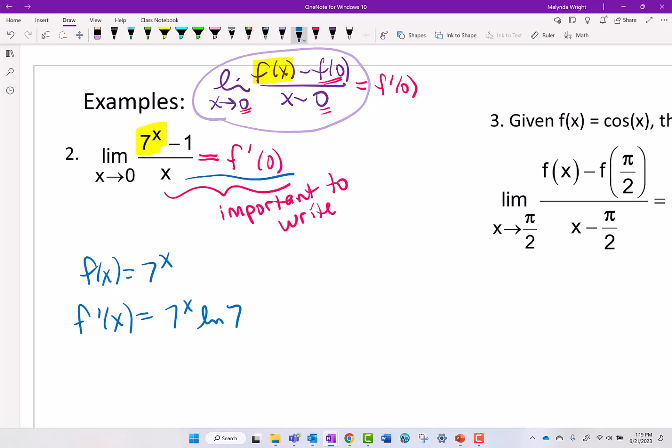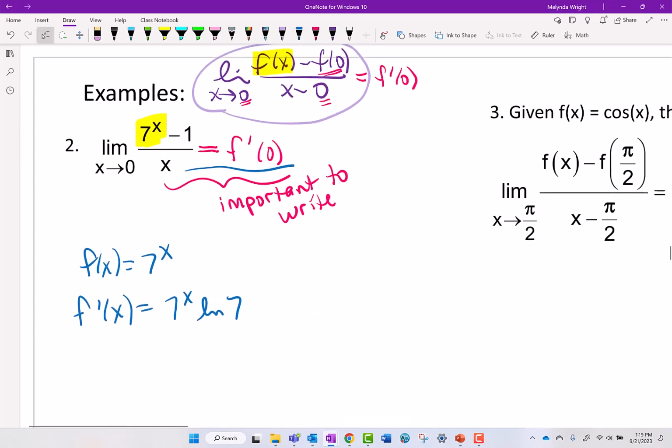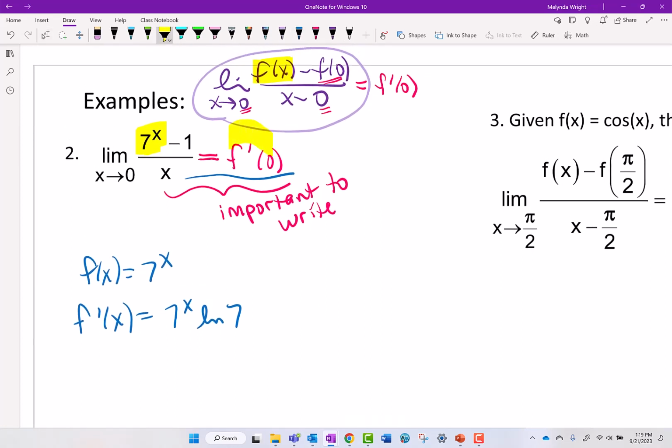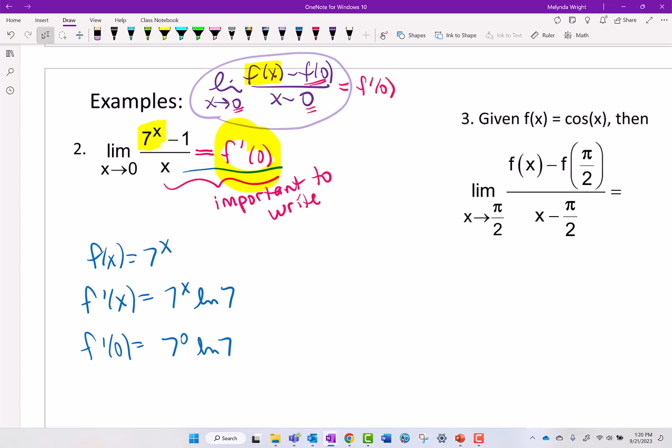We're supposed to plug a 0 in for x, because that's what we're looking for. That's what we've got right here. We're supposed to find f prime of 0. So f prime of 0 is 7 to the 0, ln 7. And we know with all of our math abilities, we know what a number to the 0 is, right? It's 1. So f prime of 0 is going to be 1 times ln 7, which is ln 7. And that's our answer.